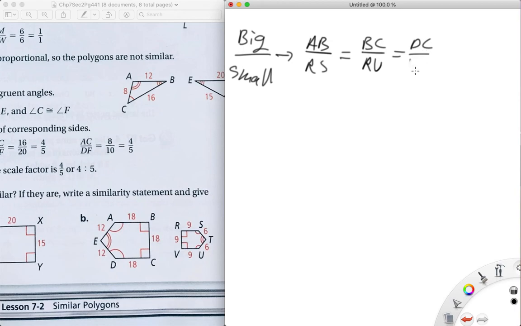Why do they always put V and U next to each other? I don't understand that. That always annoys me. ED over TU. And AE over ST.